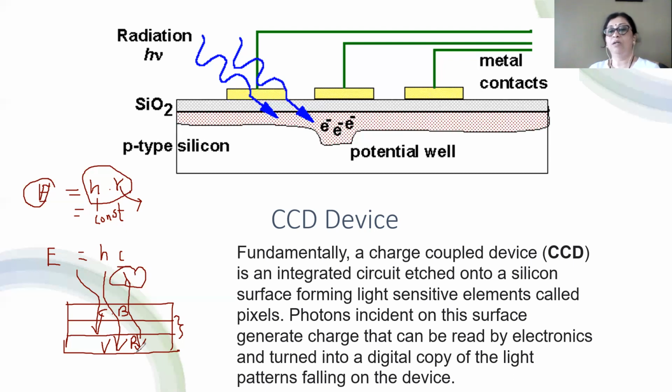The number of electrons jumping to the conduction band depends on the intensity of light, because the number of photons changes with intensity. The more the intensity, the more the photons, and the more electrons are freed into the conduction band. So depending on the intensity of light, the number of electrons released to the conduction band varies.